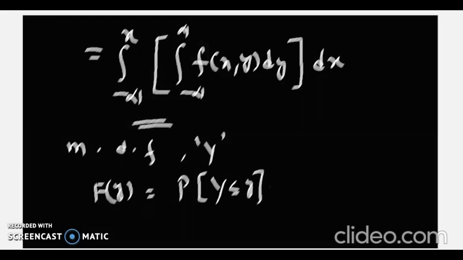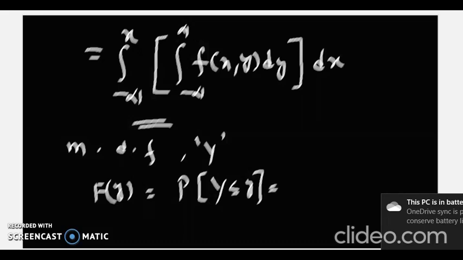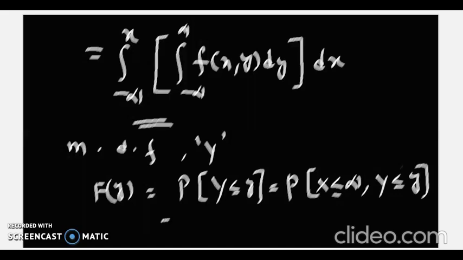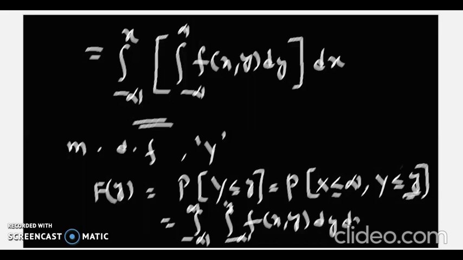Because this is a two-dimensional case, we have the probability of X less than infinity and Y less than or equal to small y, which is equal to the integral from minus infinity to infinity in the x plane, and in the y plane from minus infinity to the upper limit y, of f of x comma y dy dx.